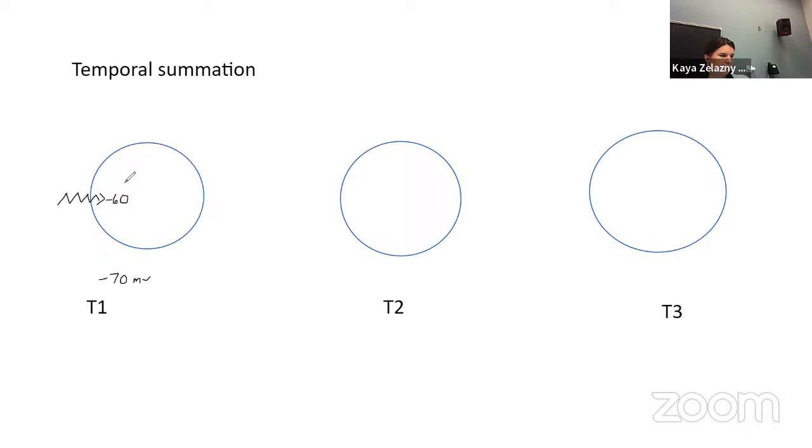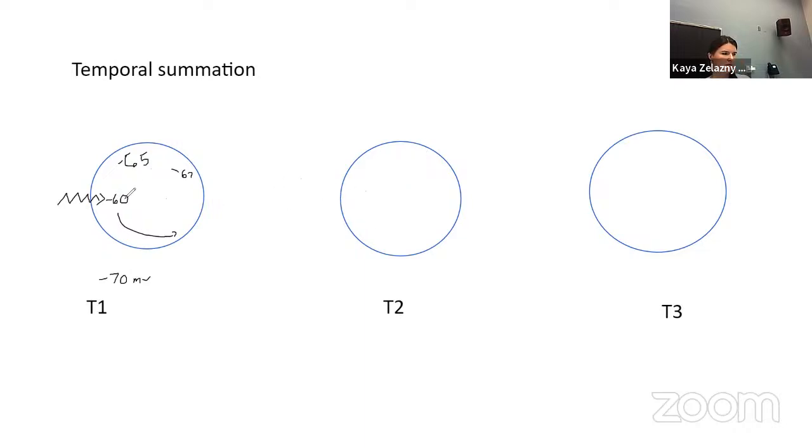But these changes are decremental. So maybe over here it's at -65, not as big a change. Here we're at -67 and so on. And the same thing would be happening in this direction. Okay. So at time point 2, remove that stimulus, and these changes are going to fade a little bit.